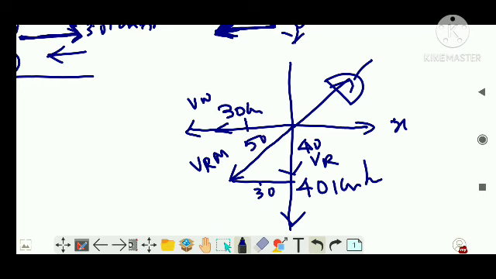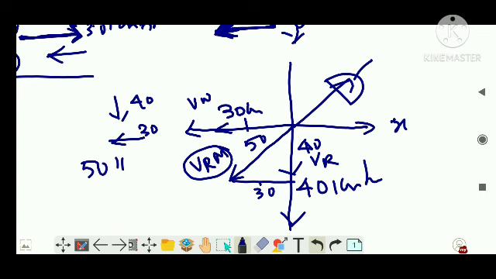It will be 50, root of 30 squared plus 40 squared. So the resultant velocity of the 40 kilometer and 30 kilometer components will contribute a 50 kilometer per hour speed on you. That is painful for you. If you were not moving, standing stagnantly, you would have experienced only 40 kilometer per hour of rain.